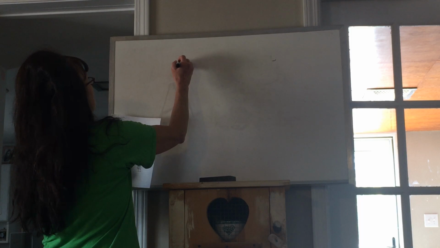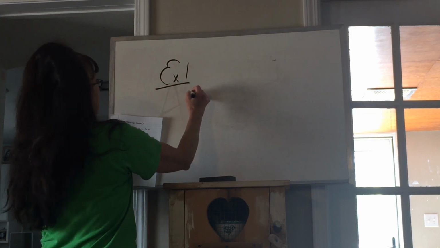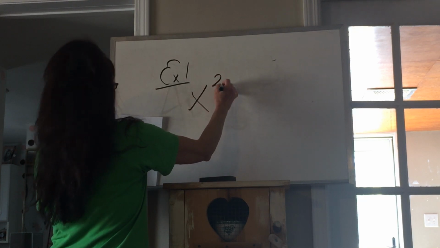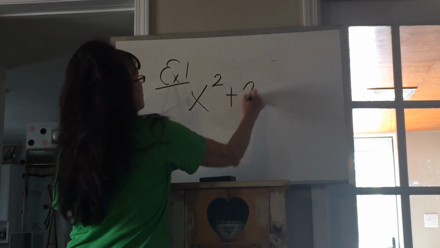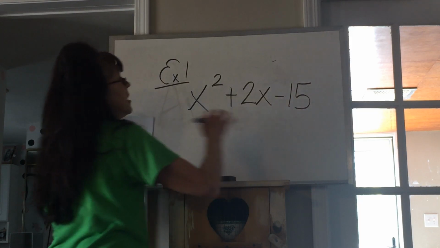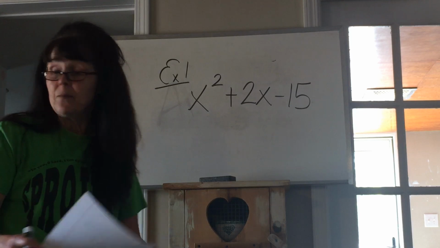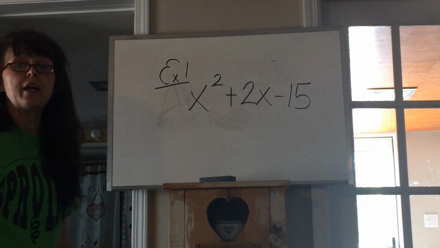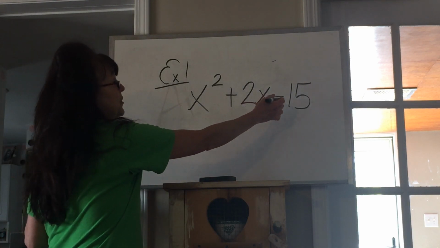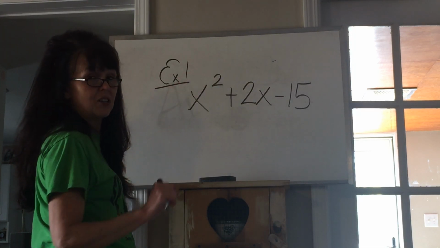Example 1. It looks something like this: x squared plus 2x minus 15. There is no GCF for this. Now, we are going to make a list for 15, all the factors of 15, and I would like to go in order.